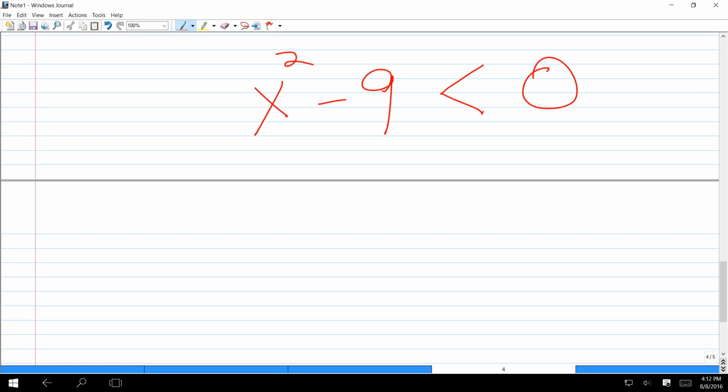Or what's the solution? What's the first thing you do? You add the 9. So now I have that because I still haven't divided by a negative number. Right, and then square root it. So what's the answer? X is less than 3.